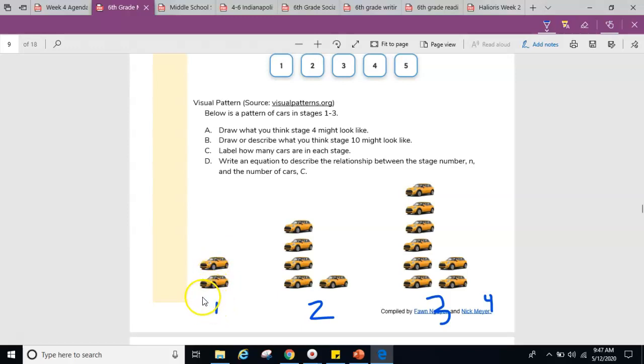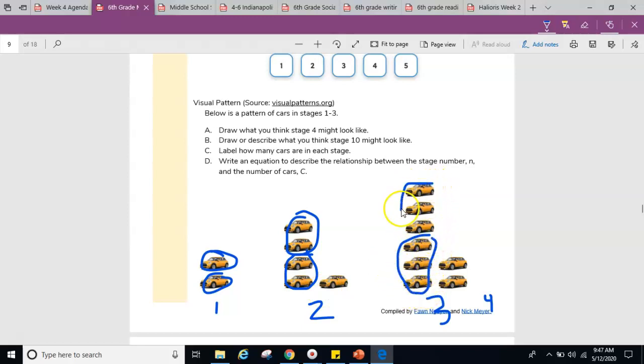So 1 times 2 equals 2. Or I can say there are groups of 1 cars. Okay, if we go to 2, there's 2 groups of 2 cars. 2 groups of 1, 2 groups of 2, 2 groups of 3.